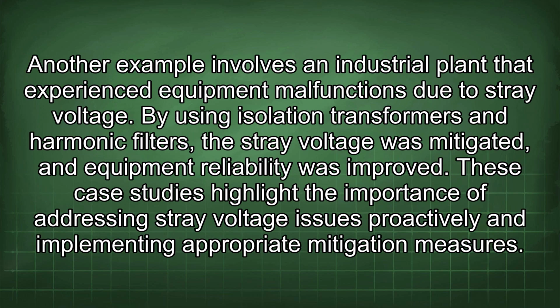Another example involves an industrial plant that experienced equipment malfunctions due to stray voltage. By using isolation transformers and harmonic filters, the stray voltage was mitigated, and equipment reliability was improved. These case studies highlight the importance of addressing stray voltage issues proactively and implementing appropriate mitigation measures.